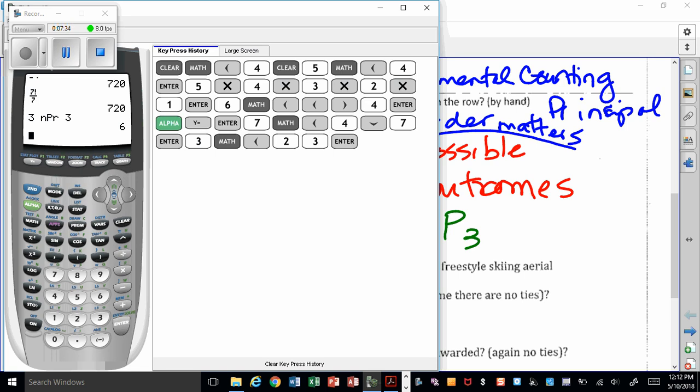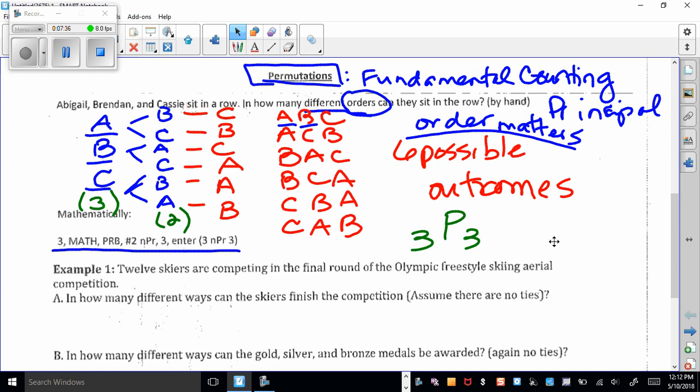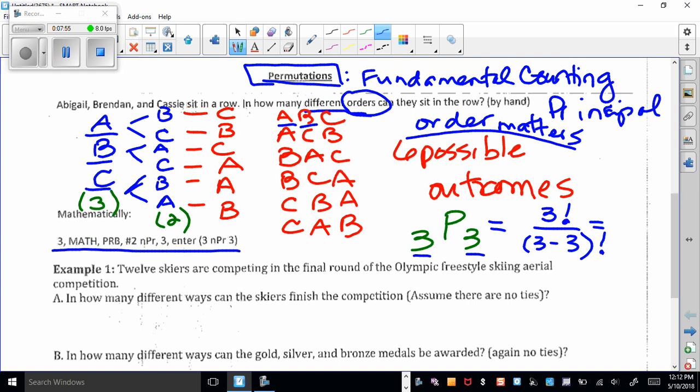All right, and so that gives us 6. And the formula is 3 factorial, however many, that's how many ways you can put things in a row, and then you divide by 3 minus 3, these numbers you subtract. So that would be 3 factorial divided by 0 factorial. Well, we said that is 1, so that would be 6 divided by 1, which is 6.